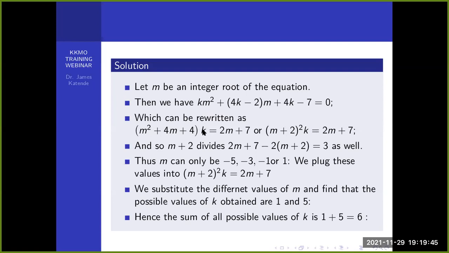The reason k must be an integer is because this whole quantity is an integer, and then you also have an integer on this side. So this k must also be an integer. Oh, I see. Yeah, that makes sense. Okay.